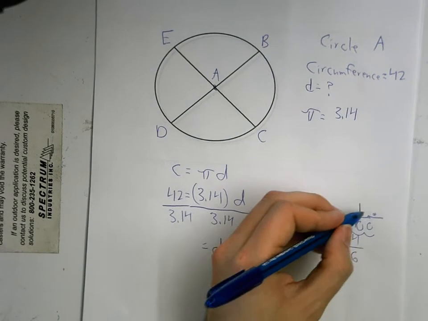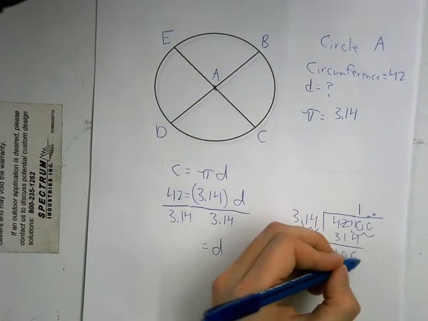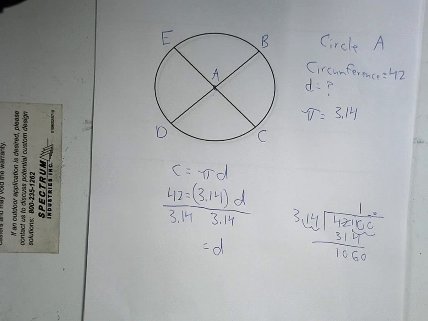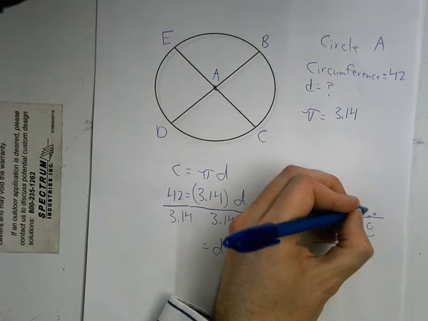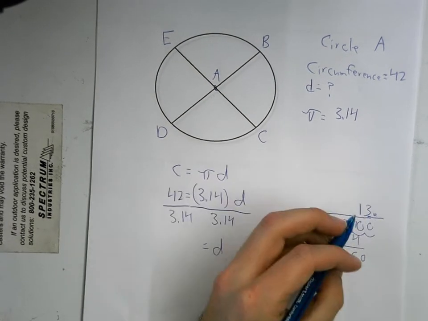Now I got to bring down this 0 right here. I think that probably goes in there 3 times. I'm going to try it times 3 just to make sure. 314 times 3 equals 942, yep, you can put it in there 3 times.